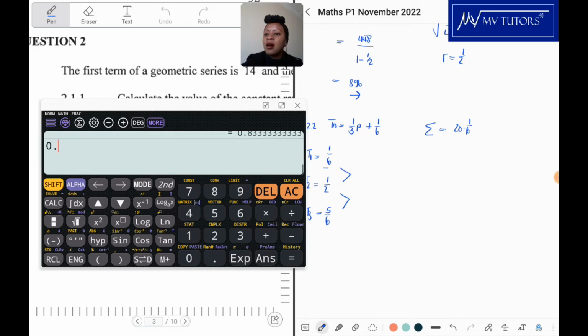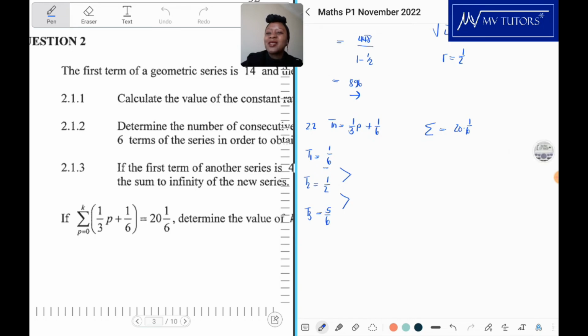So a half minus 1 over 6, and I get a third. Even if I take 5 over 6 minus a half, I should be getting a third. Yes, so d is a third.